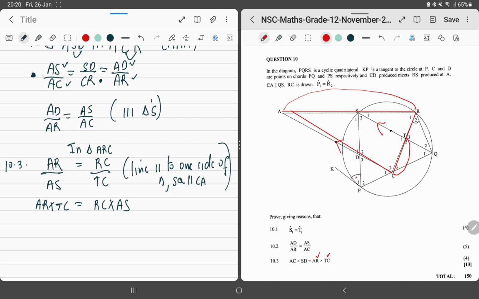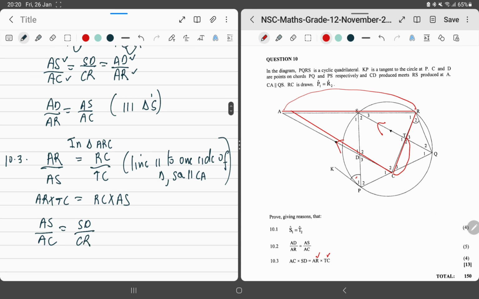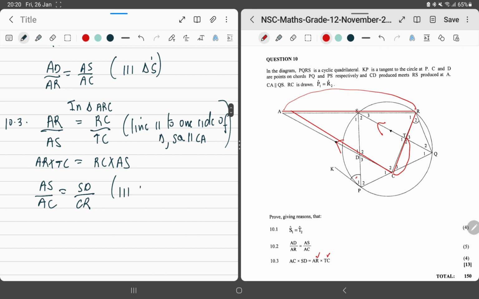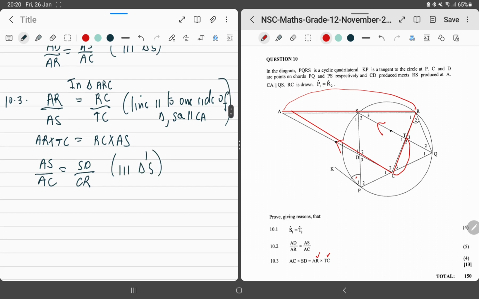It means that AS over AC is equals to SD over CR. And this is because of similar triangles.